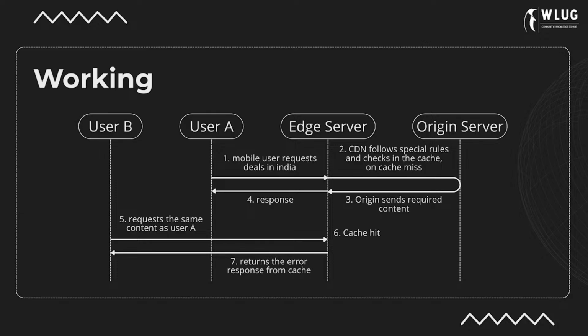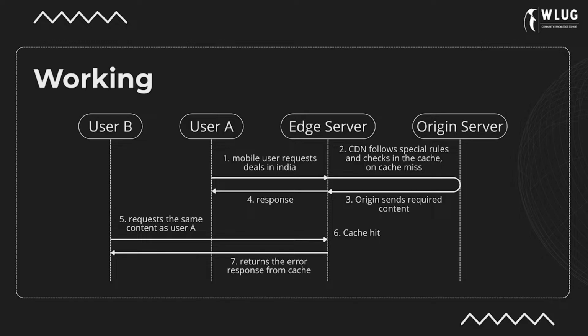Since it's not present in your cache, it will go to the origin server and request the required content. Once the required content is fetched from the origin, it will save this content in your edge server in the specific bucket and then give the response back to user A.